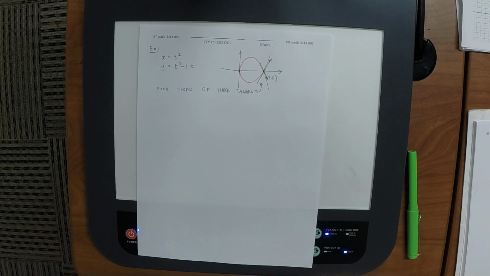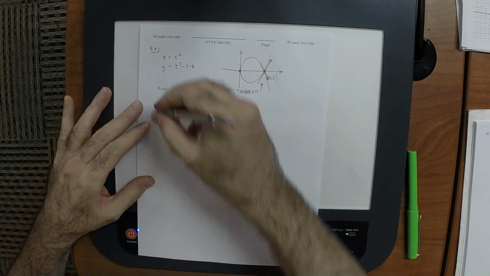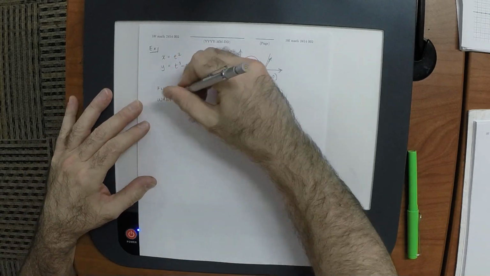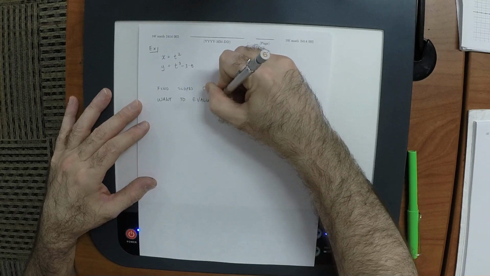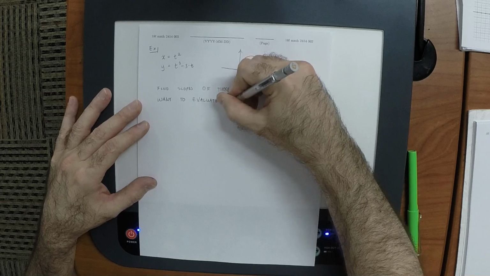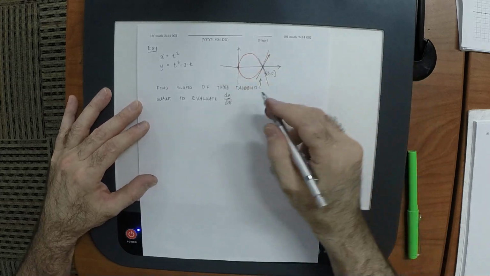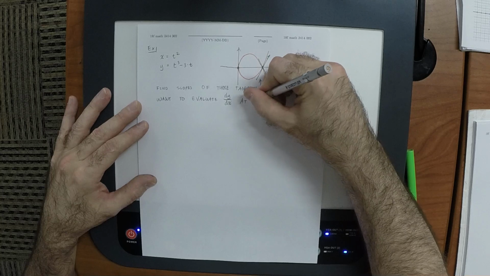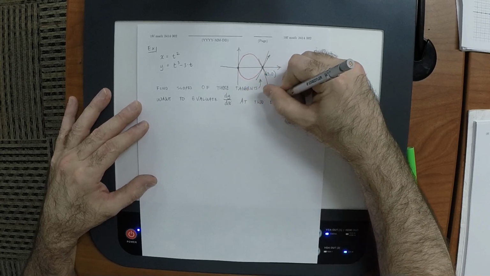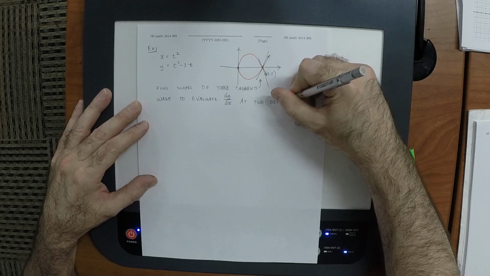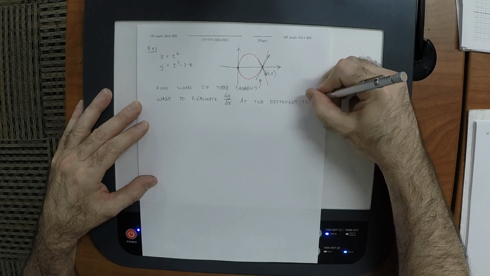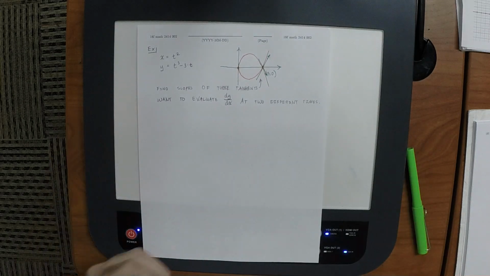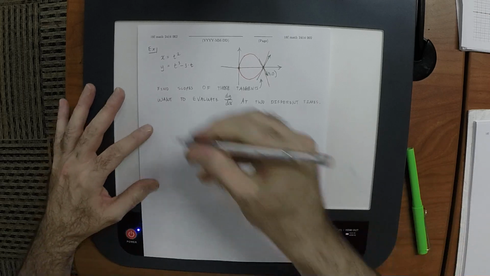So that means that we want to evaluate dy/dx at two different times. Okay, so in the first place, let's find dy/dx.